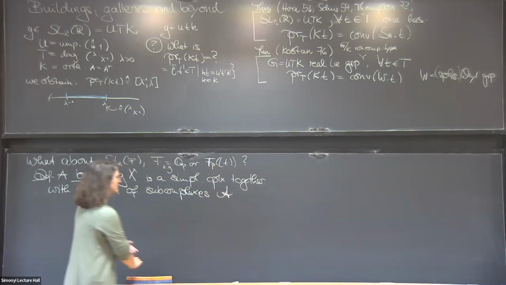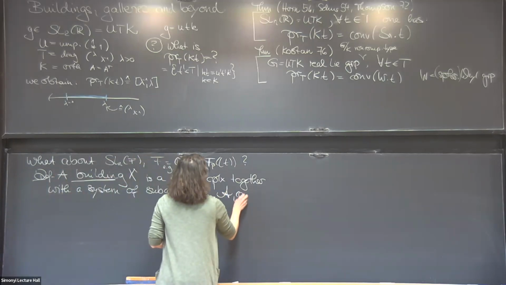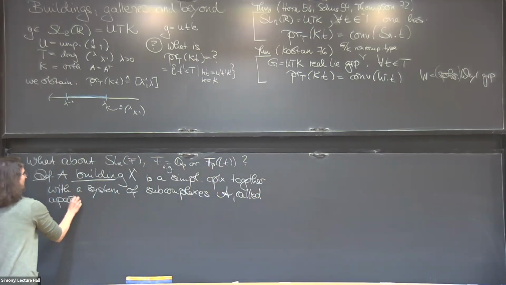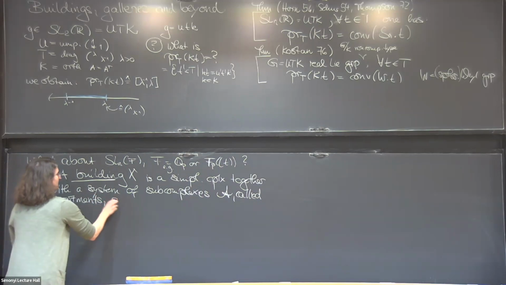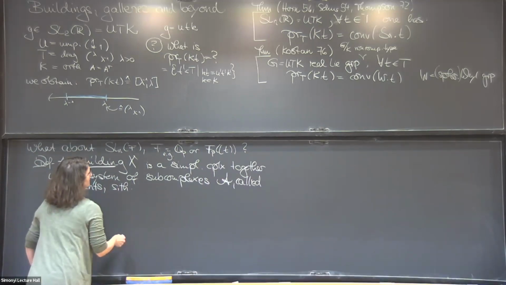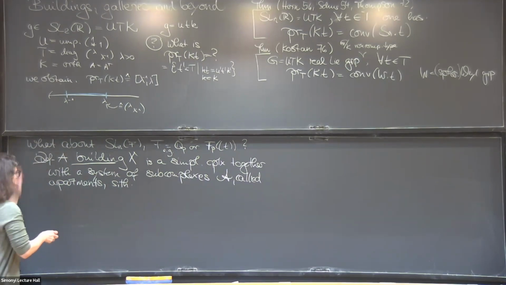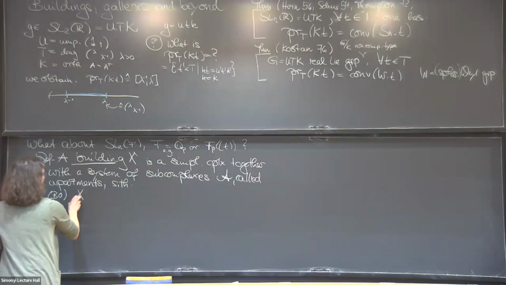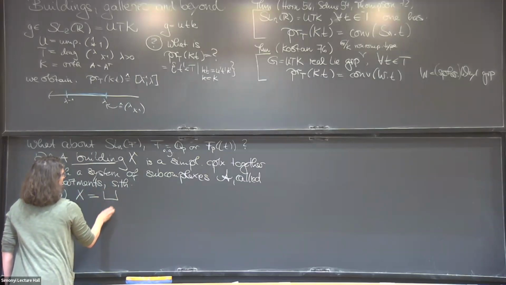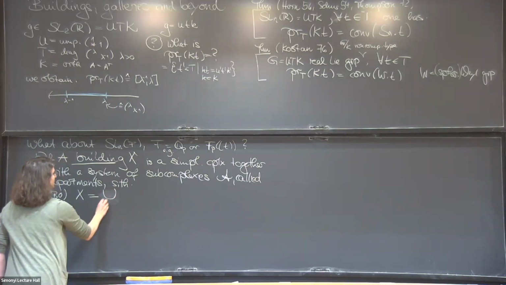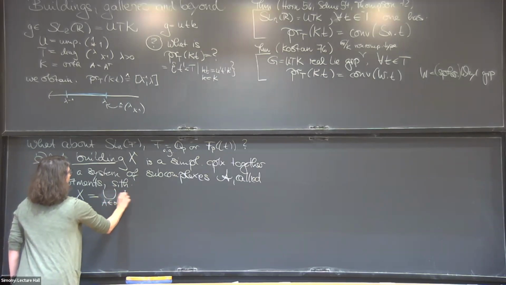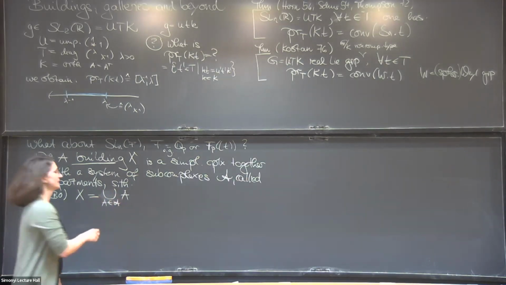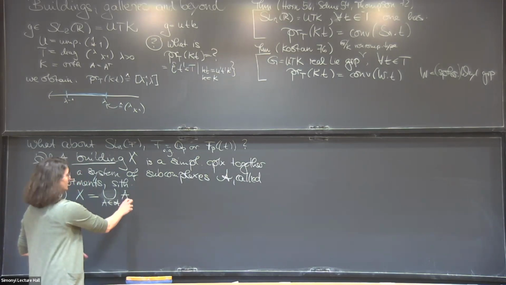I want to record the system as a script A, all its elements, apartments, such that a couple of properties are satisfied. First, I want X to be the union over all A in A. And as I just said, it's not a disjoint union, very much not so, as we will see in examples in a few minutes.